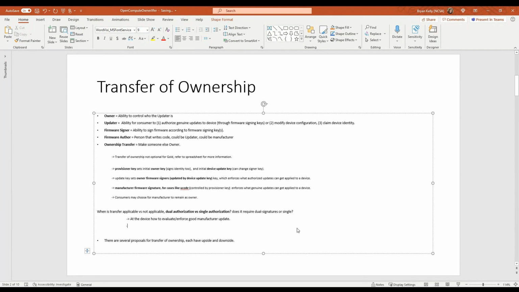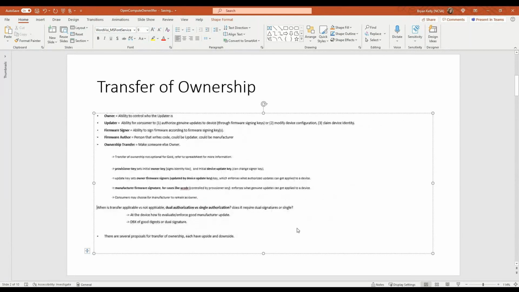I know it's a whole new thing, but the only mechanism I'm familiar with is the dual signature, meaning the device is going to enforce that the first thing it checks is, for example, that the image being installed was signed by the local data center, or the local owner. And then if that passes, it says, okay, is this authentic code signed by the manufacturer?